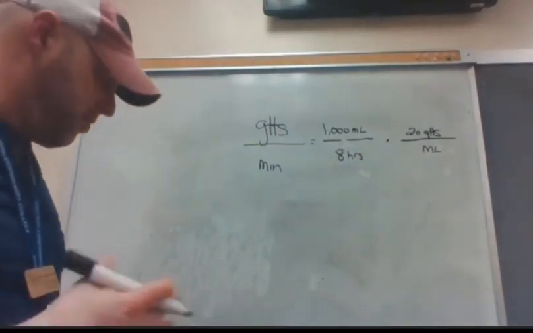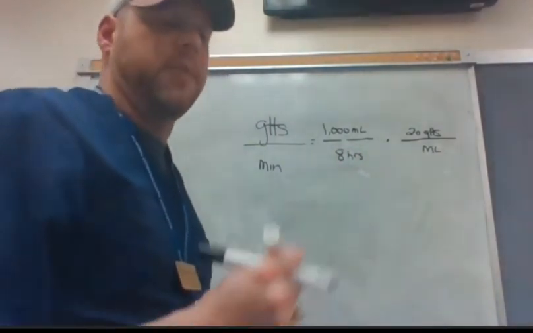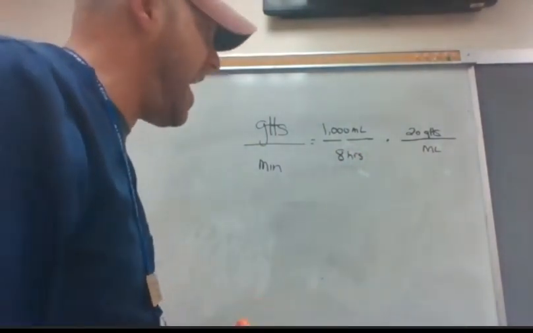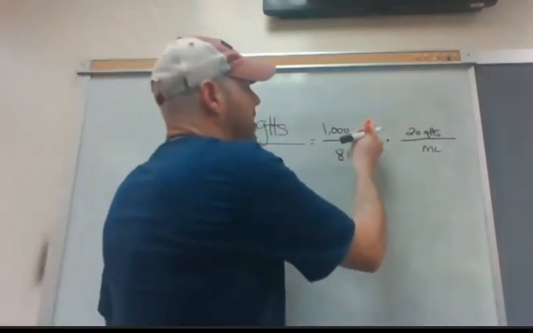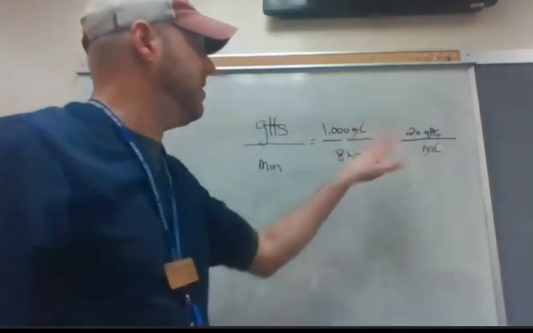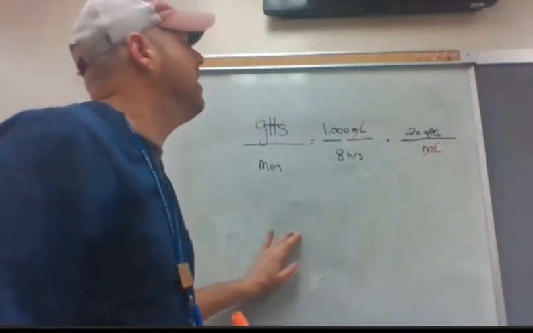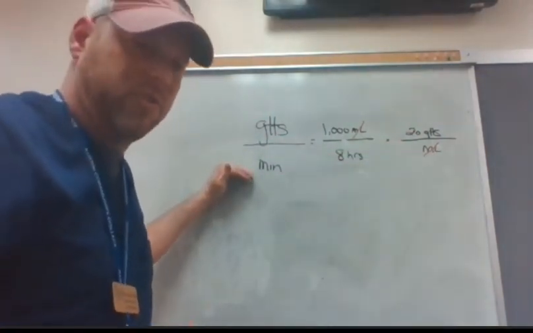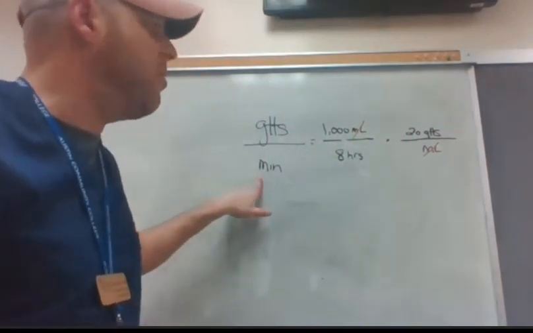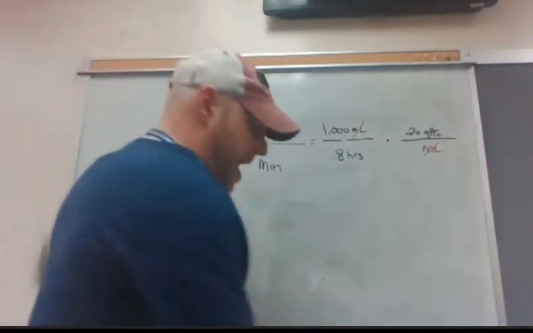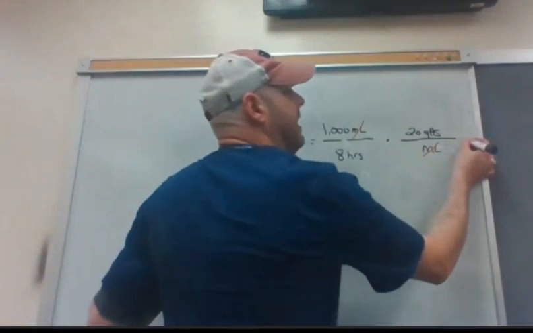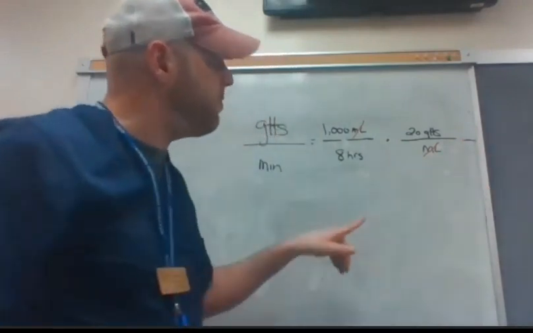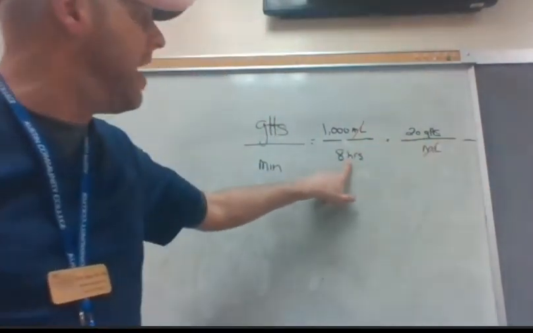All right, let's look at my problem. I set up my problem using all the numbers that I can. Milliliter and milliliters cancel out. So I'm left with drops over hours. Is that what I'm solving for, drops over hours? No, I need minutes, correct? So I'm running off the board, but you can see I drew another line.